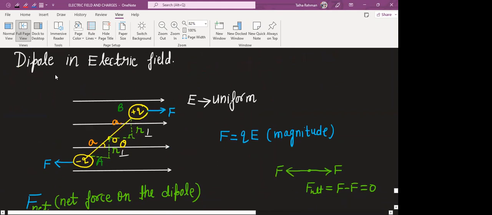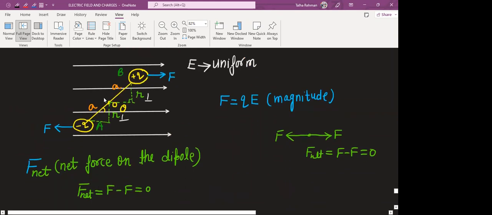After that we have discussed the dipole in the electric field. When we place the dipole in the electric field, theta is the angle the dipole makes with the electric field.